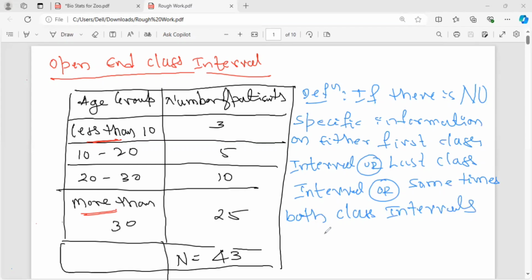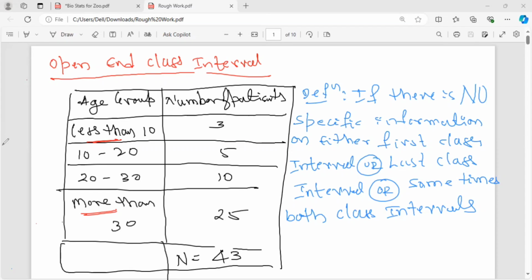Is it clear? So such types of class intervals are called open-end class intervals.